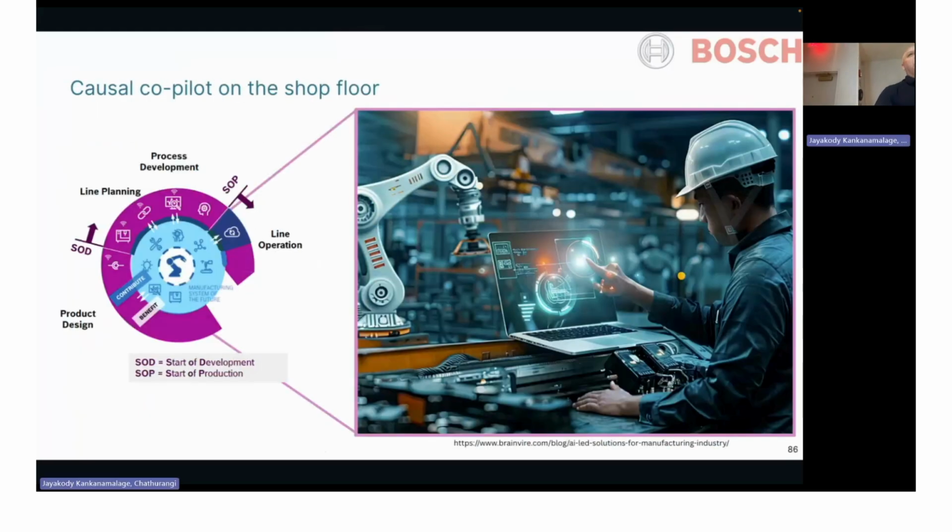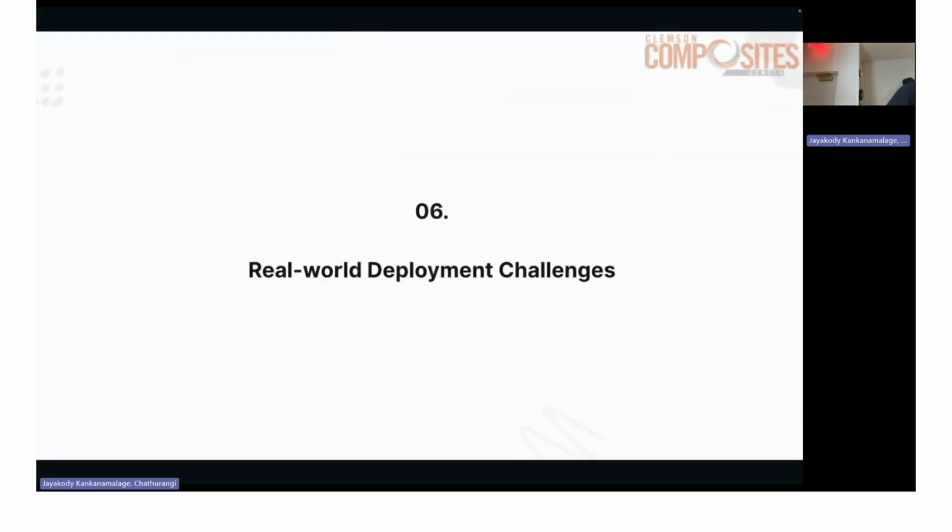And that's the purpose of the causal CoPilot. We think it'll really help move manufacturing forward. But the reality is, deploying it comes with all kinds of problems. So I'll let Fadi tell you all about that.